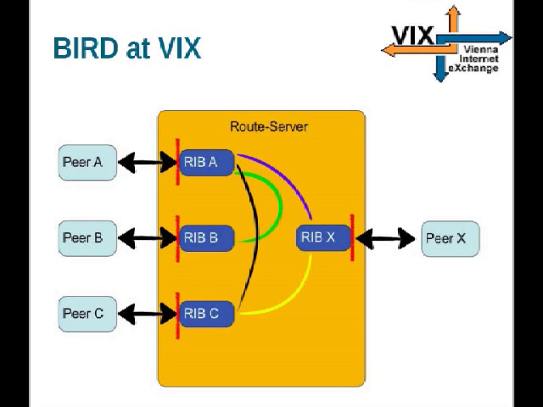What VIX does is use pipe protocols for connecting every routing table with each other. So they have n times n pipe protocols involved. That's also a possibility. As I said, it's very modular and configurable, so you can do whatever you want. It seems to be working for them, and they currently have 12 peers in testing.